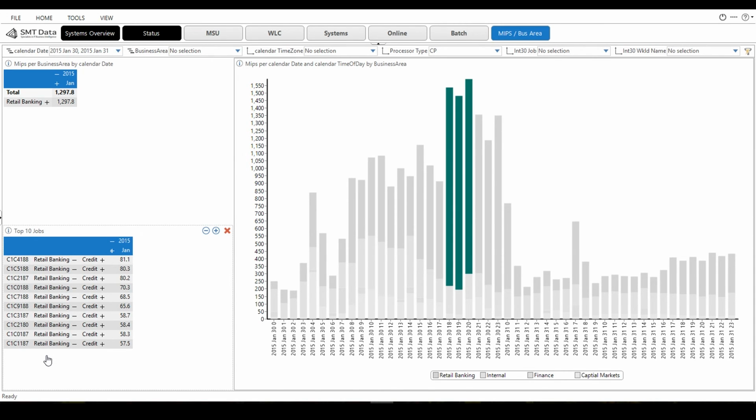But here we've got this expressed in business terms also, that this is the retail banking business area and the credit application that's really driving our cost for this month. And this allows us to have an intelligent dialogue with the business about, does this application need to run at this point in time? Could some of this have been pushed out into the early hours of the morning of January 31st? And how much money would we save if we were going to do that?